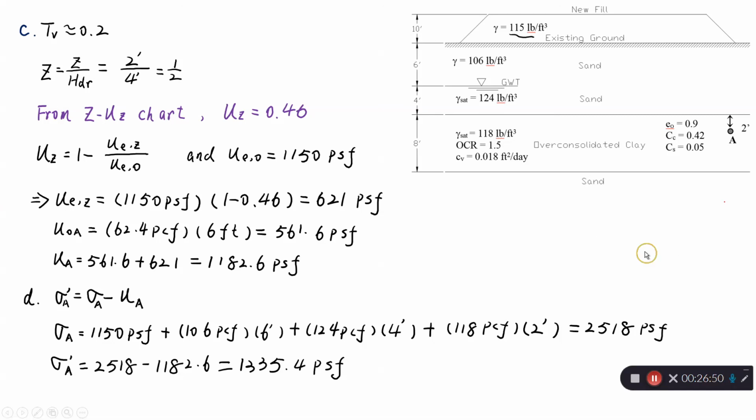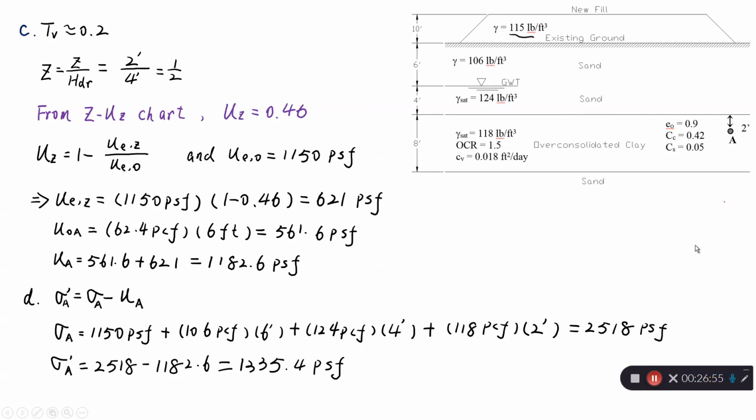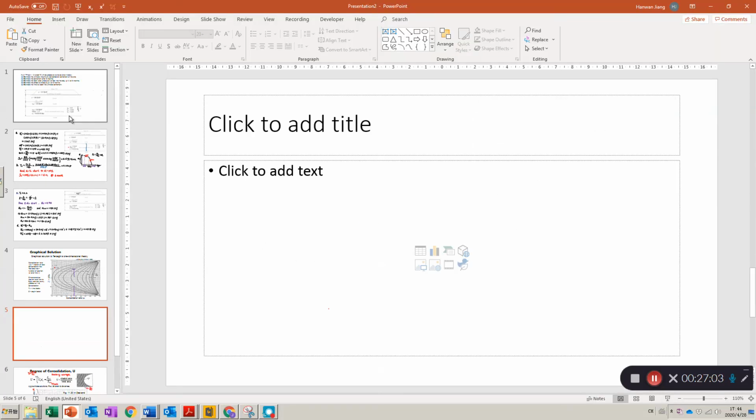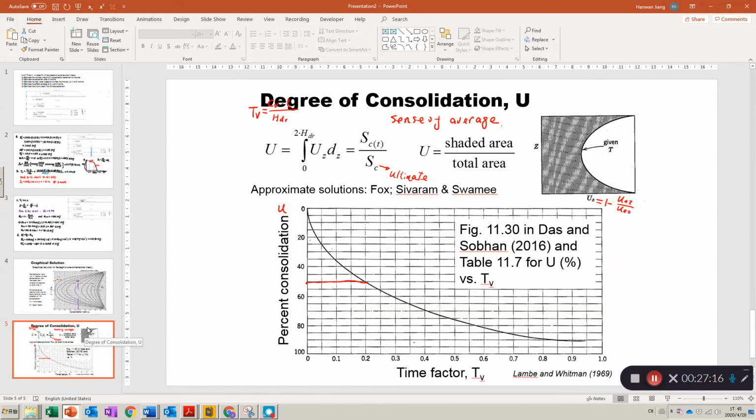And then what's the last question? The last question is to estimate the time to reach the ultimate settlement. That involves the time estimate, so that involves this chart.